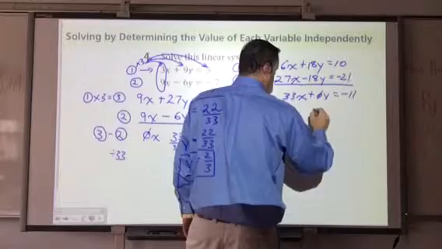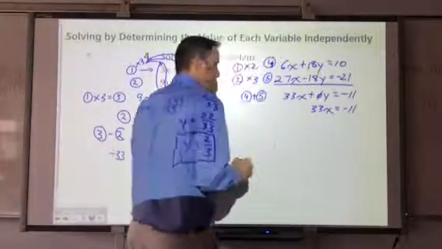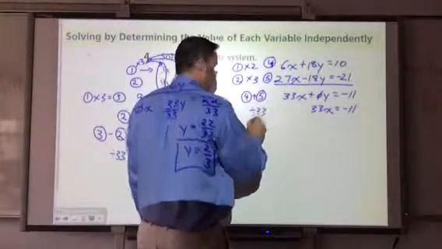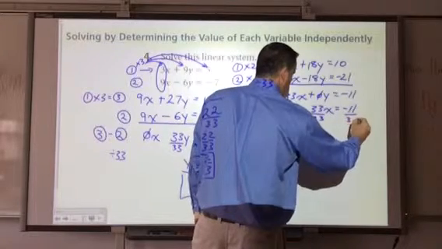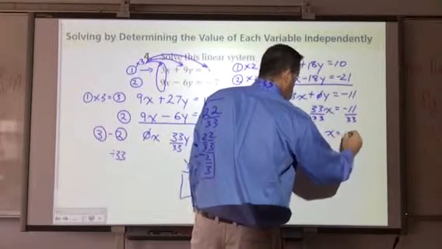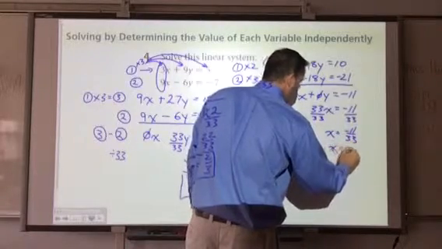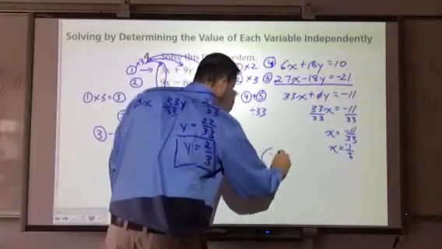So that's gone. I have 33x equals -11. Divide by 33. X is going to equal -11 over 33, which then simplifies to -1/3.